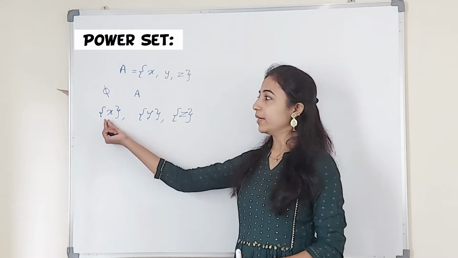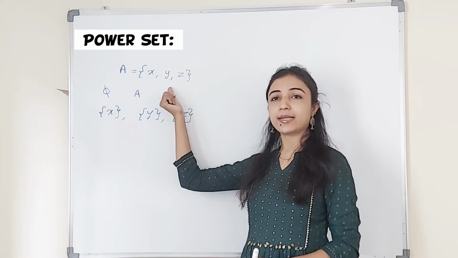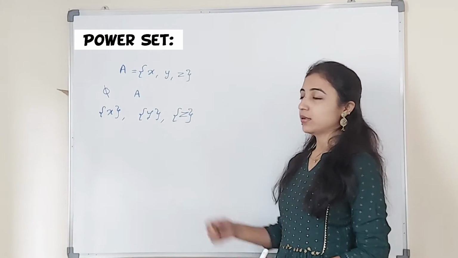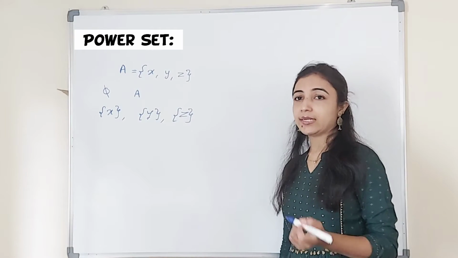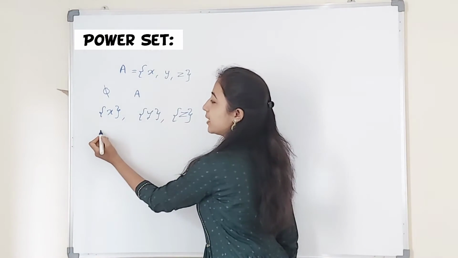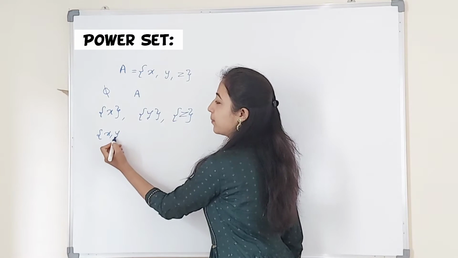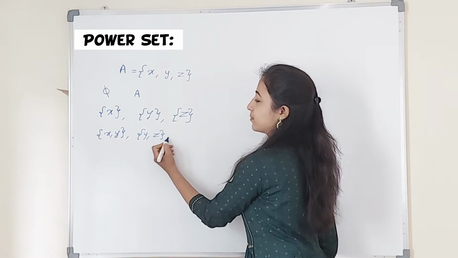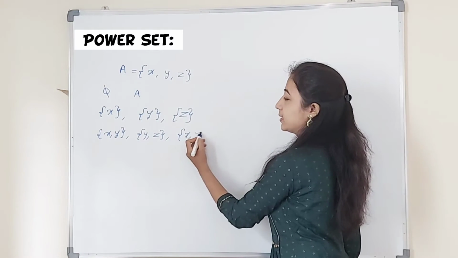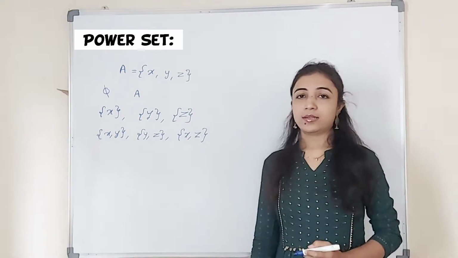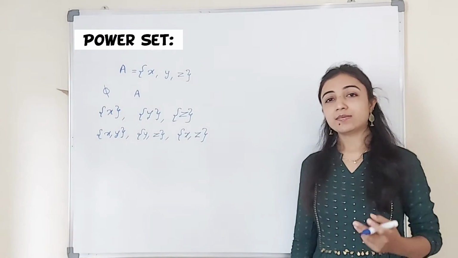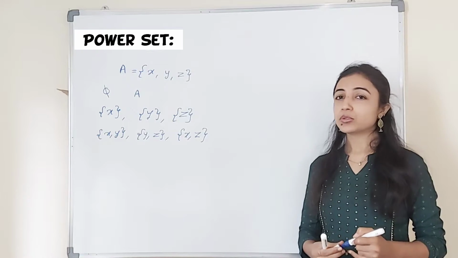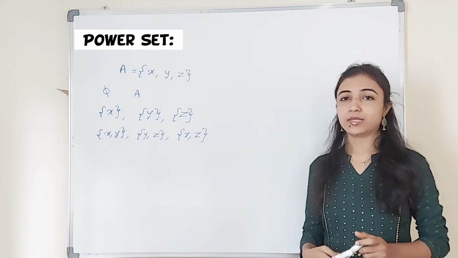See here, every element of this set is contained in set A. That means this is nothing but a subset of set A. Similarly, if we take the sets containing two elements, the subsets of set A are {x,y}, {y,z}, {x,z}. अब इन सभी सेट के सिवा कोई सेट पॉसिबल है क्या सबसेट ऑफ सेट ए? नो. सो दिस आर द ऑल पॉसिबल सबसेट ऑफ सेट ए.